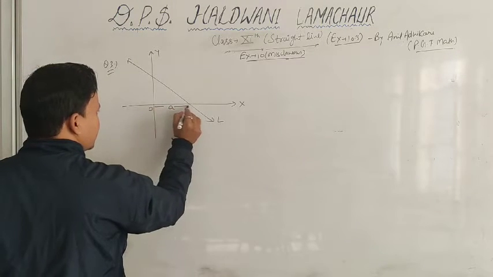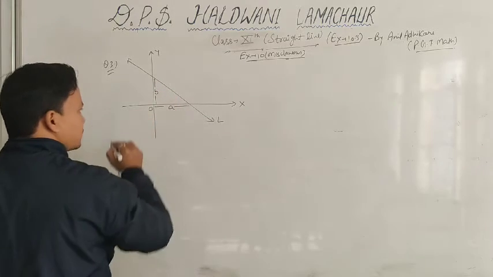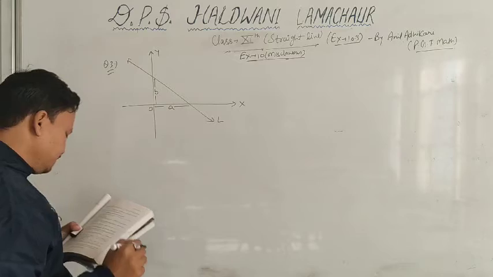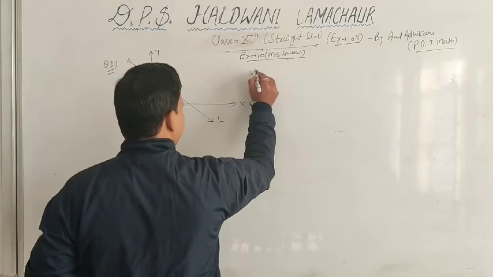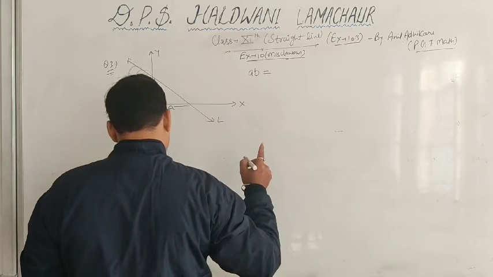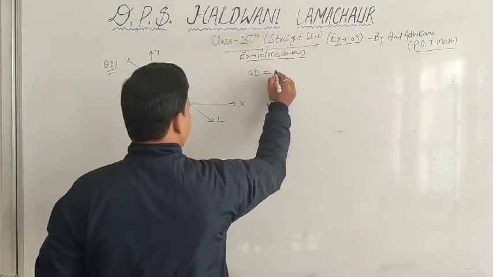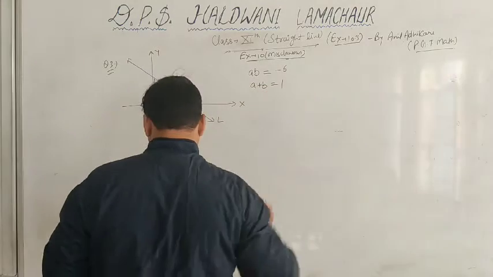Let A be the length of the x-intercept, and B be the length of the y-intercept. Now what is given here is the sum and product of these intercepts: the sum is 1 and the product is minus 6.